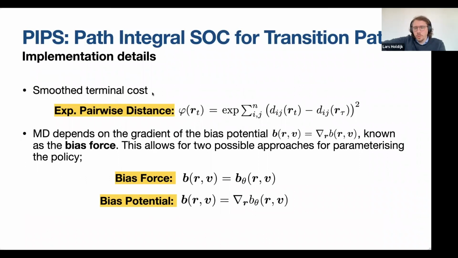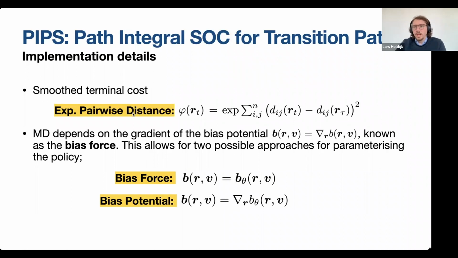And we have two approaches for parameterizing it. We can directly parameterize the force itself, so this would be a network where the output would have the same dimensions as the number of atoms in the system. Or we could be parameterizing the bias potential.